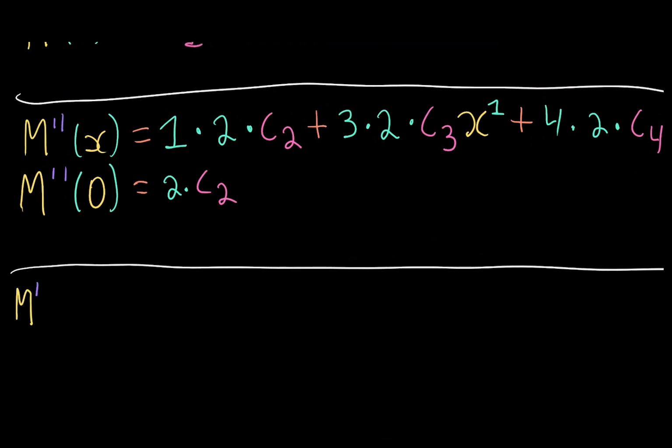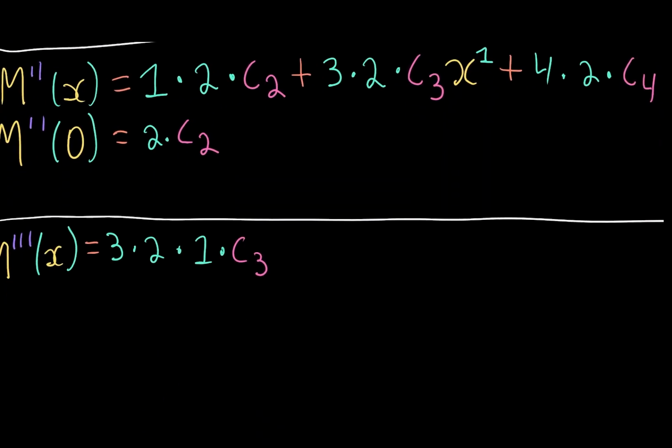And I'm not going to bother writing all the other terms. Actually, no, I will do it one more time. Alrighty. So then it becomes 3 times 2 times 1 times C3 times x, but that x up here collapses, so it's actually not times x, sorry, plus 4 times 3 times 2, okay?